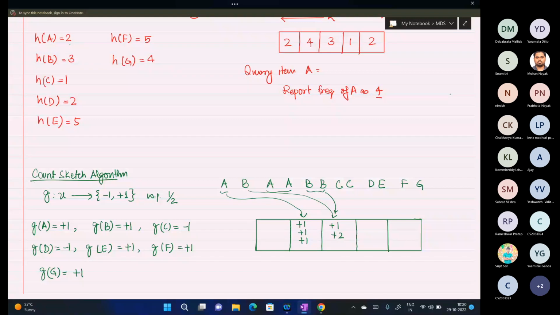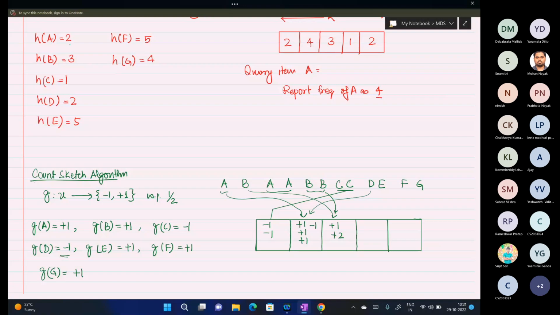C goes to the first bin, but G of C is -1. So their contribution in this bin will be -1 for each of these, right? D goes to the second bin, and G of D is -1, so its contribution is -1.